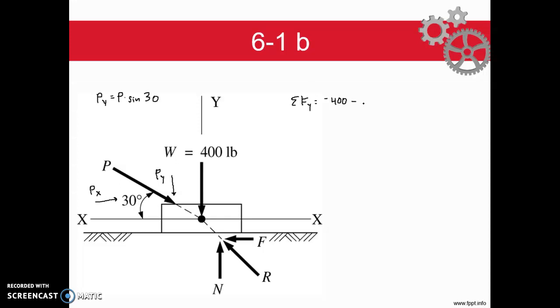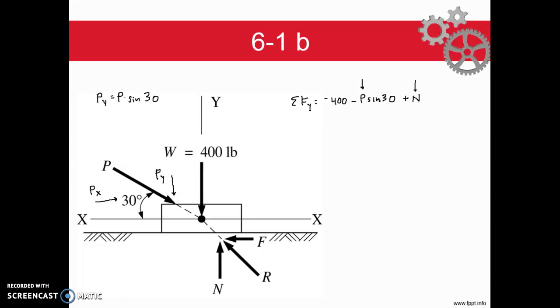And that's also going to be going down. And resisting these two forces combined will be our normal force, N. So that's going up. Now we have two unknown forces here in this equation. We have P and we have N.